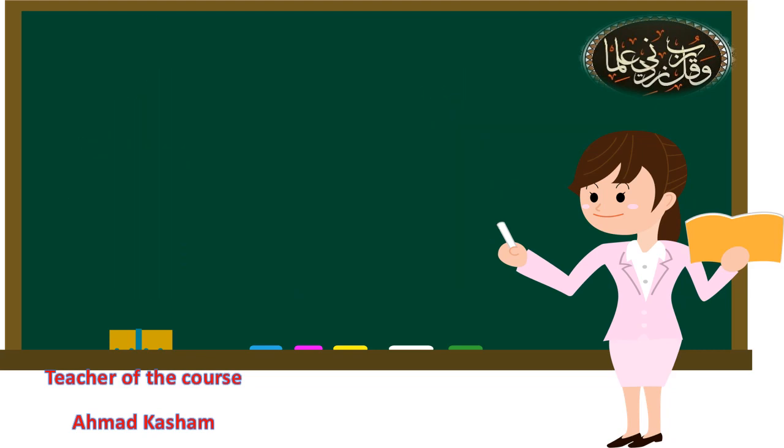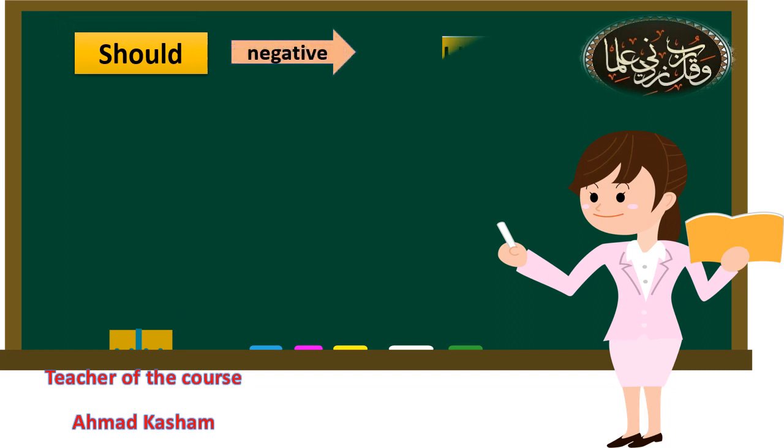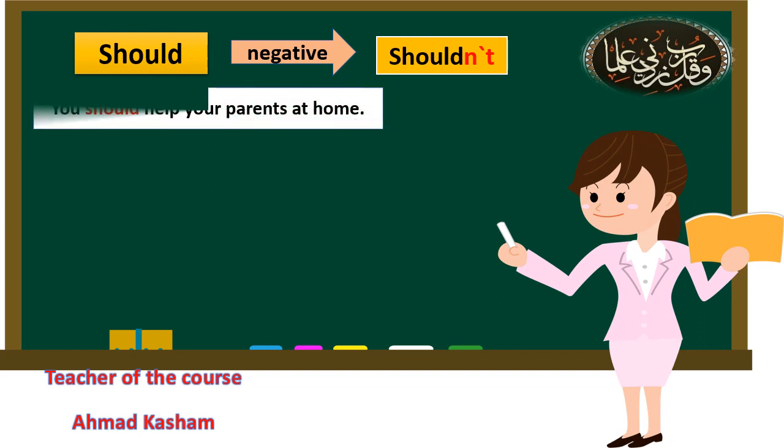And now, what about the negative? We have should, and the negative is shouldn't. What about some examples? You should help your parents at home. I'm giving you a piece of advice to be helpful at home with your parents.